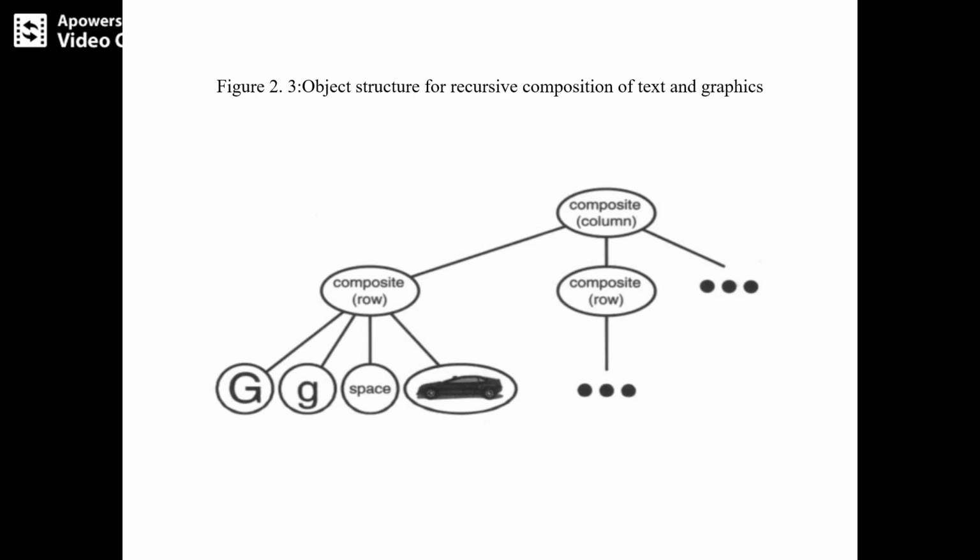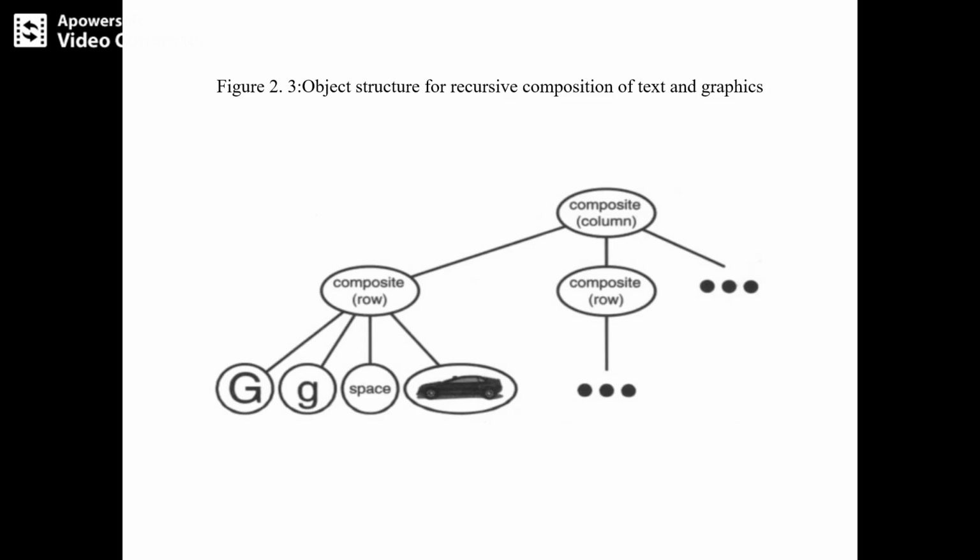So this is another figure, the object structure of recursive composition of text and graphics of the previous diagram. So how can it be formed? First we need to see how we can take the object structure. The first, the parent node here, is the composite column.